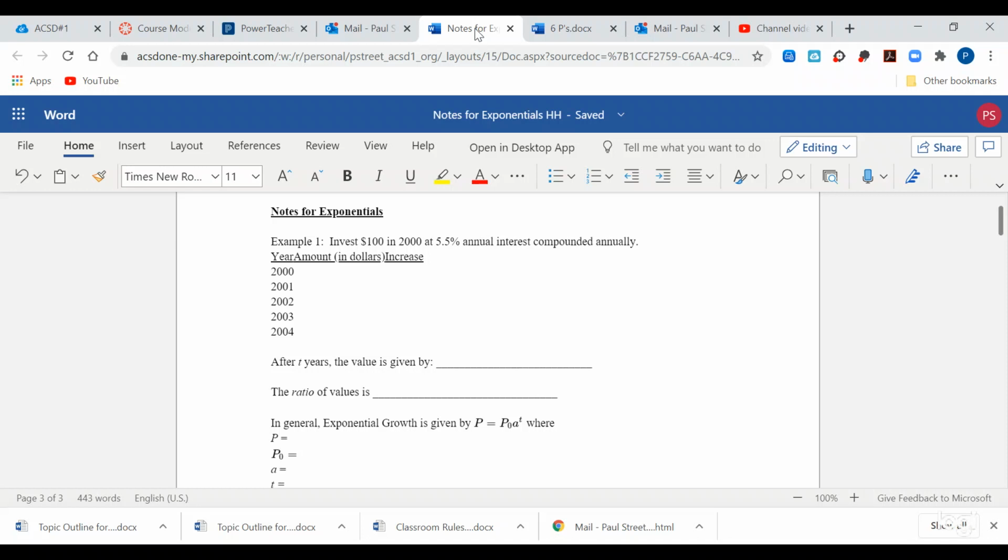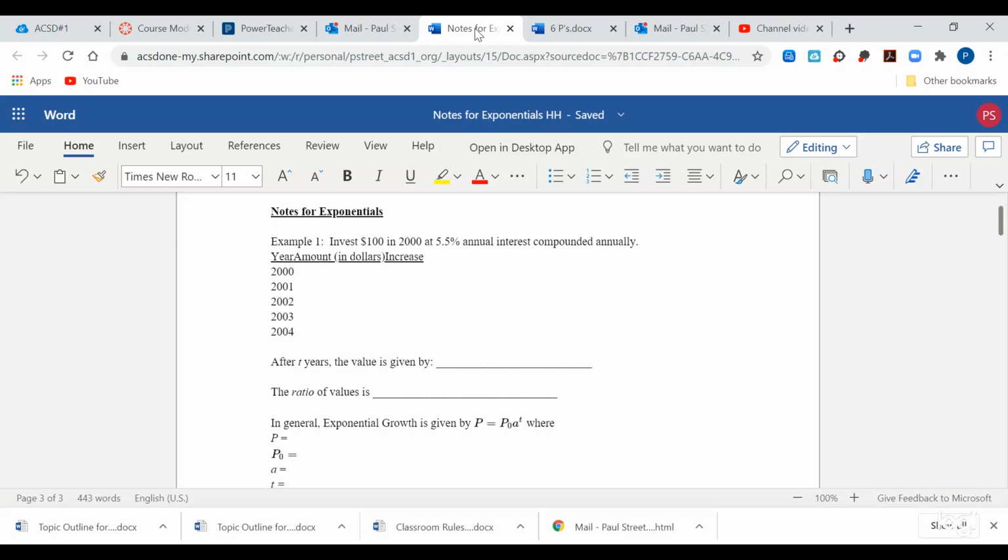That is because what we did each time was multiply the 100 by 1.055, and then we took that answer and multiplied it by 1.055 again. So when you divide those, you're going to get back the 1.055. So this is a characteristic of exponential functions, that the ratio of successive terms is going to be the same.